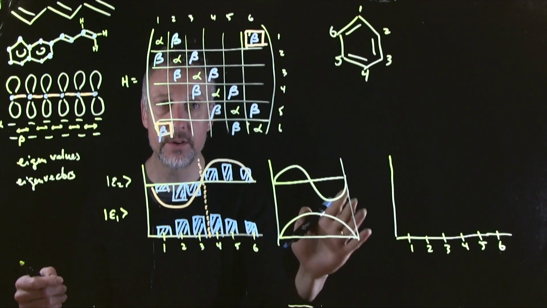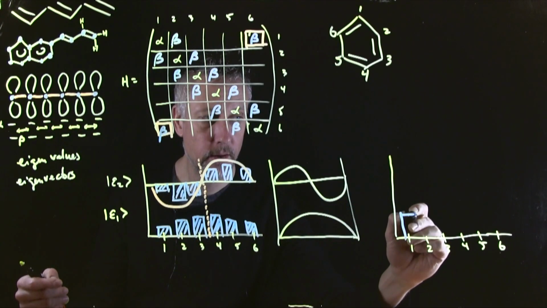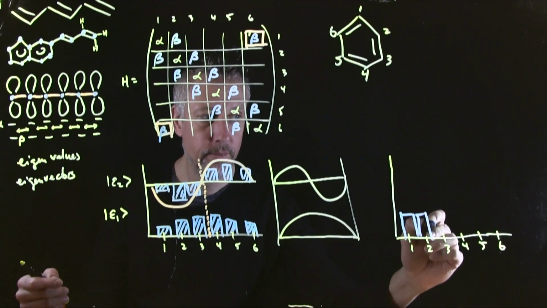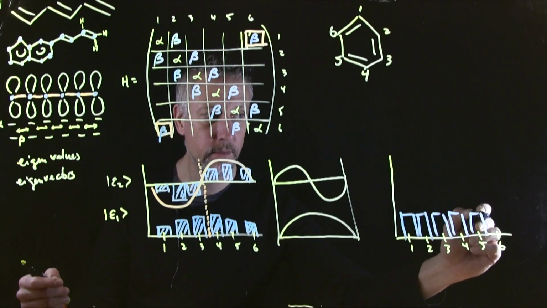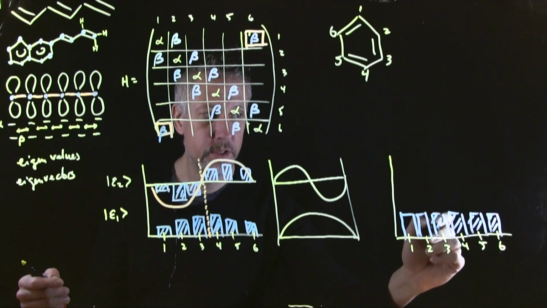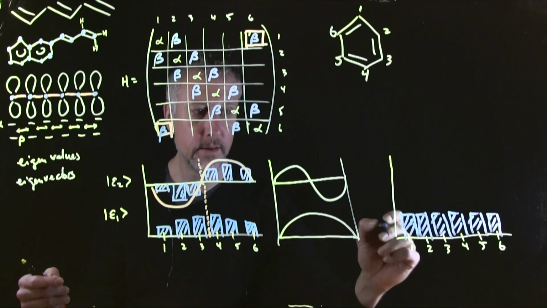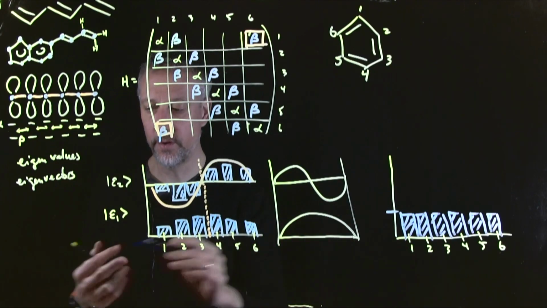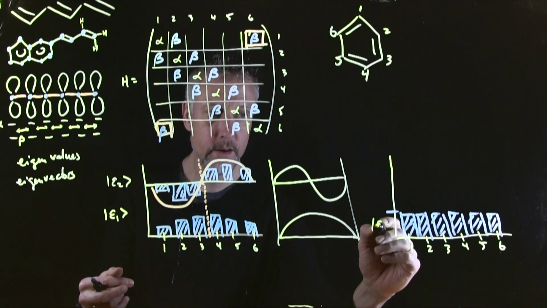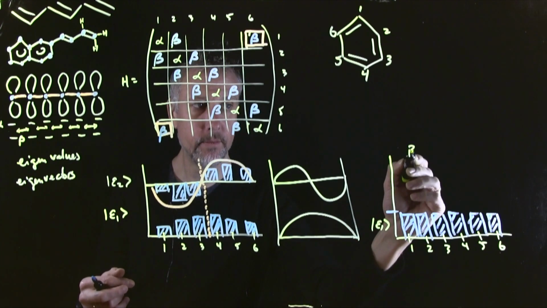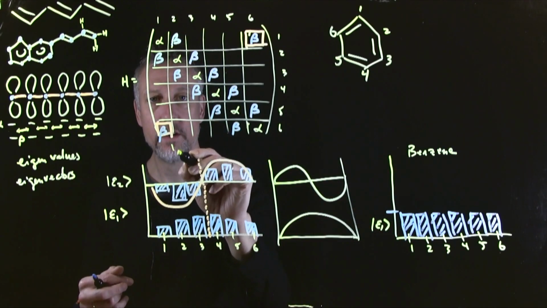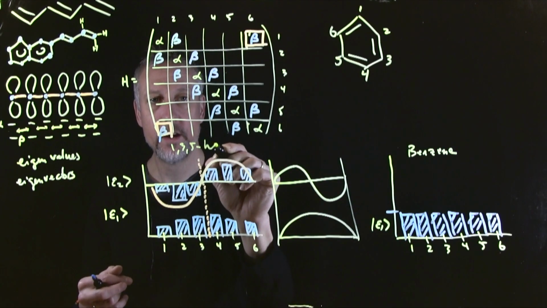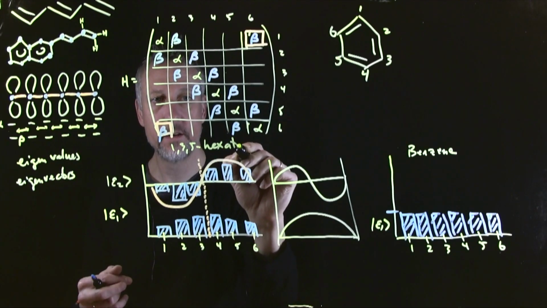And that's exactly what you get from this. You get the same amplitude on all 6 of the sites. And that comes simply from the fact this is for epsilon 1 in the case of benzene. And of course, this is 1,3,5-hexatriene.